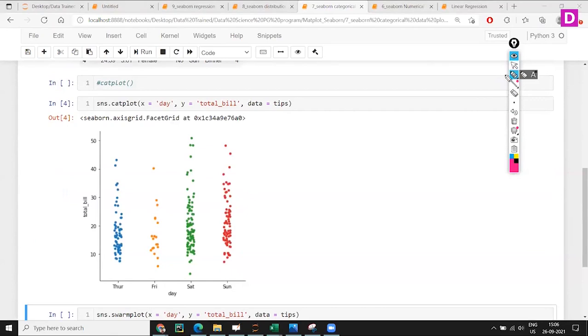So this is a cat plot. So what it is saying, they have collected only for Thursday, Friday, Saturday, Sunday, right? So not for a Monday, Tuesday, and Wednesday. One of the reasons is, they call them dry days, like no one visits on those days.